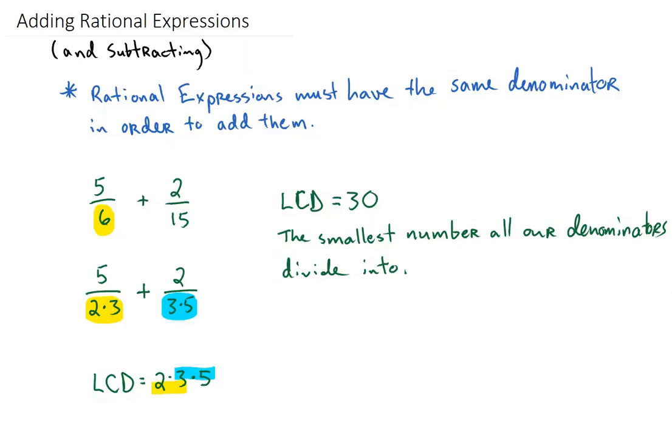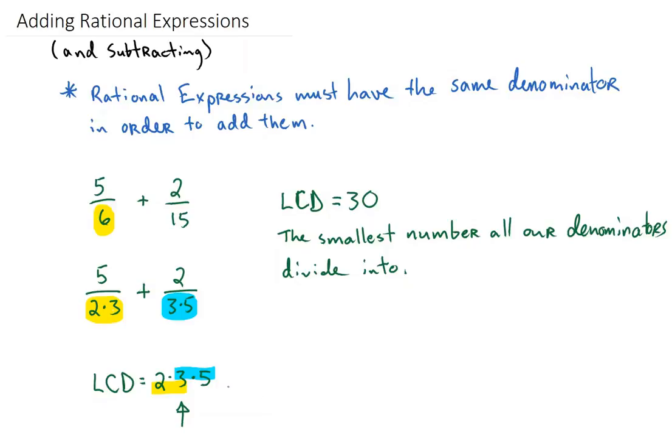In other words, it's necessary when determining the LCD to account for the overlap in factors between the different denominators. So you overlap the factors and only use them once between the factors of the different denominators.